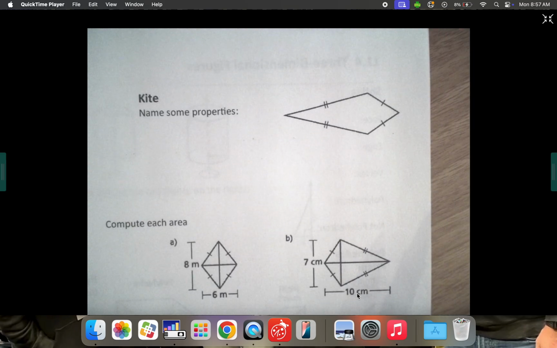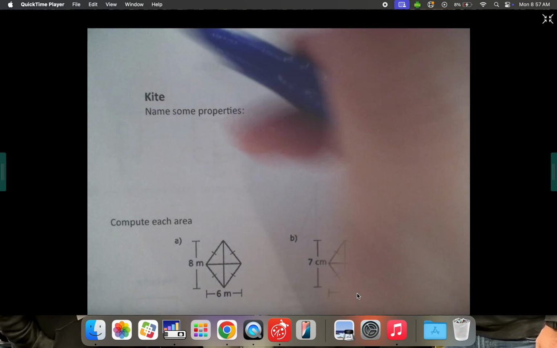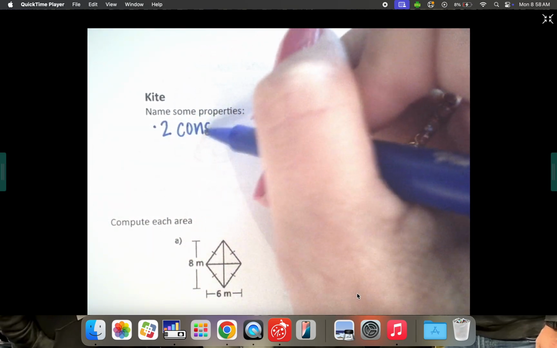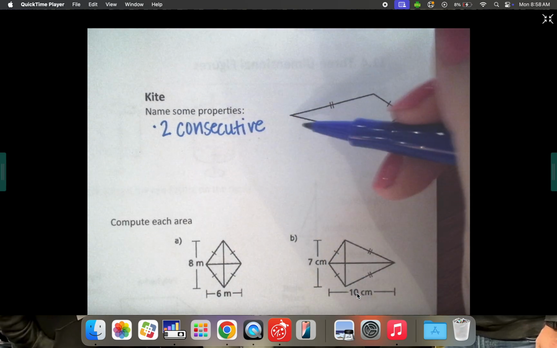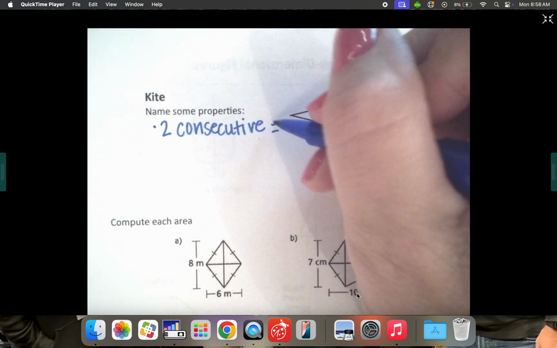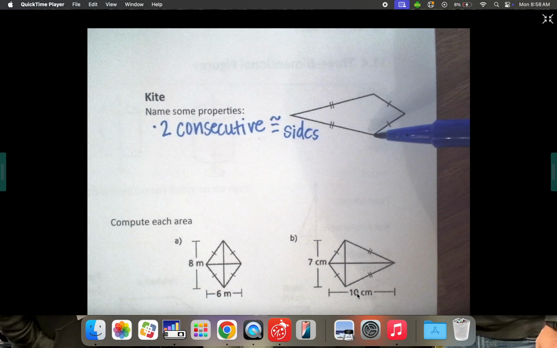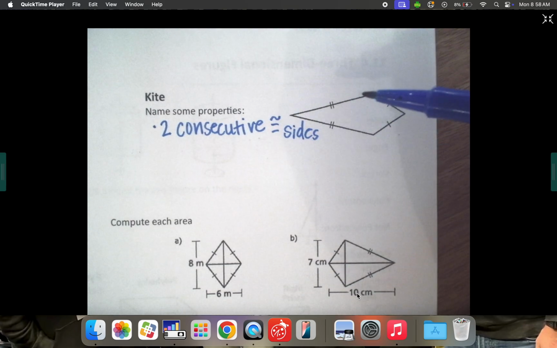So let's go over here and look at a kite. Some properties of a kite: it does not have 4 congruent sides, but it has 2 consecutive, remember what consecutive means? It means like those 2 and then those 2 right after it, so following. So 2 consecutive congruent sides. So these 2 are congruent and then followed by these 2 that are also congruent, but not to each other. Just the 2 are congruent to each other and then the consecutive other 2 are congruent to each other.